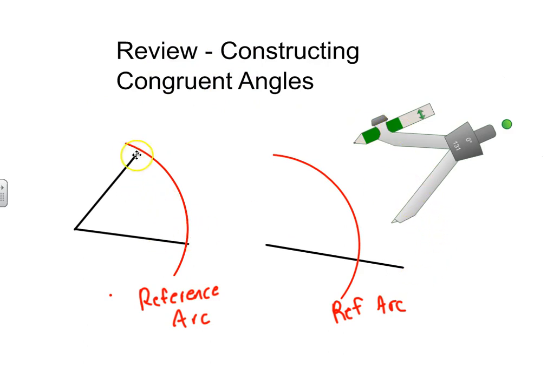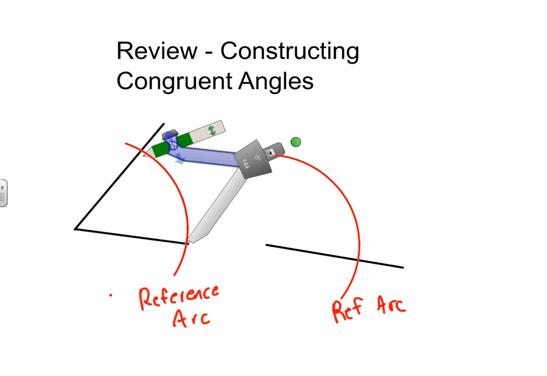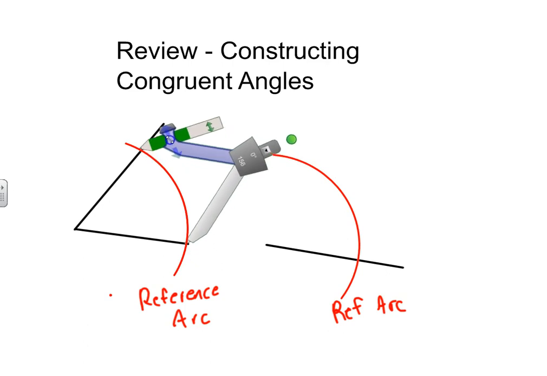Step one of that process is that when you're constructing a congruent angle, you want to begin with a reference arc. I've got this red reference arc, and I've drawn it already in the sake of time. The second step is you want to measure the opening of that reference arc with your compass.